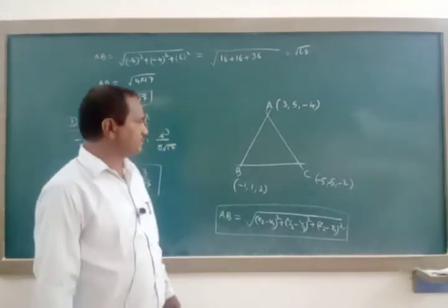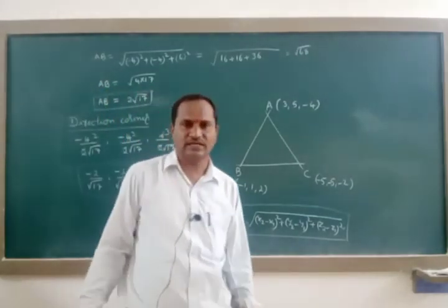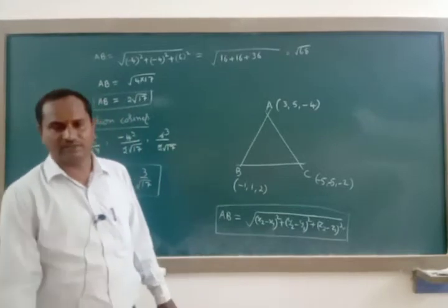Next, we are going to find the direction cosines of the line segment BC of the triangle ABC.